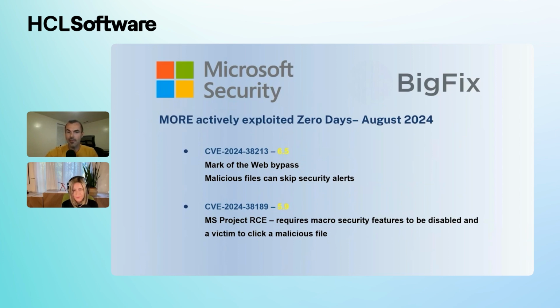And then shuffling back to some phishing-style vulnerabilities. Again, still actively exploited. We have a whole other slide for active exploits. We have a mark of the web bypass in 38213. So to me, this one is probably, even though it's like a 6.5, one of the most impactful of all of these, because it reduces an attacker's need to phish a user into clicking multiple times down to just a single bad click.